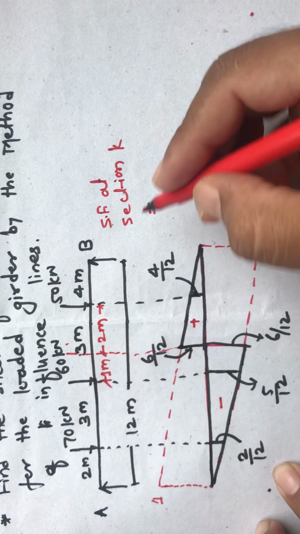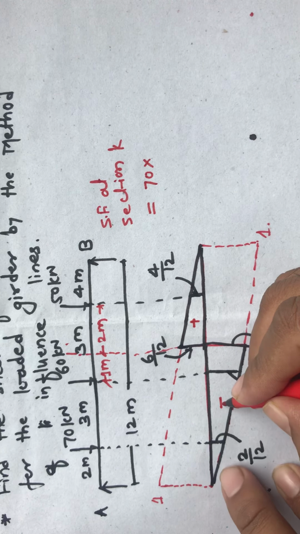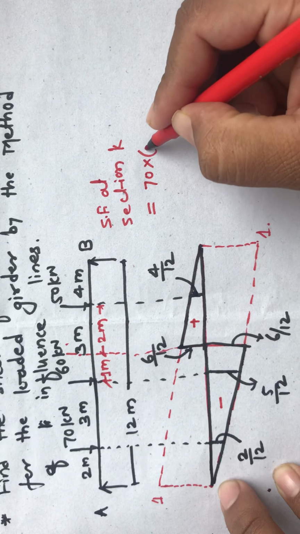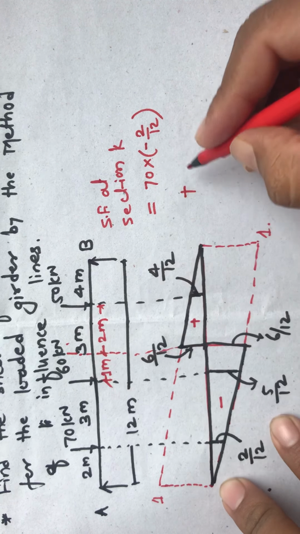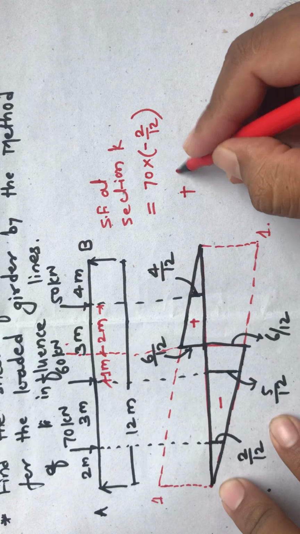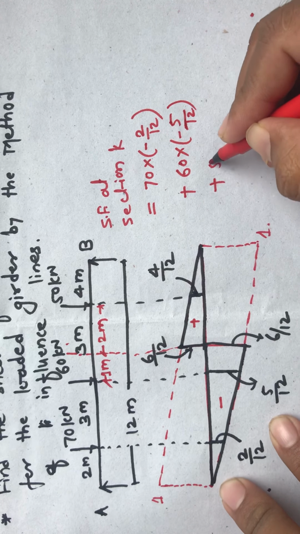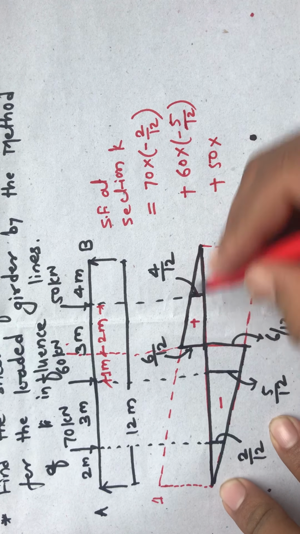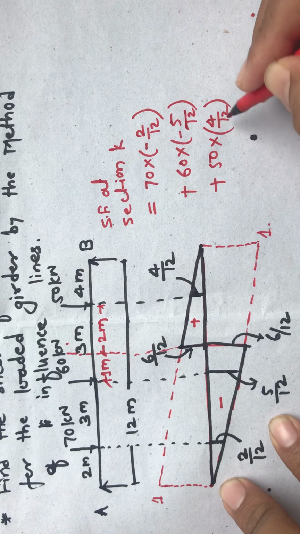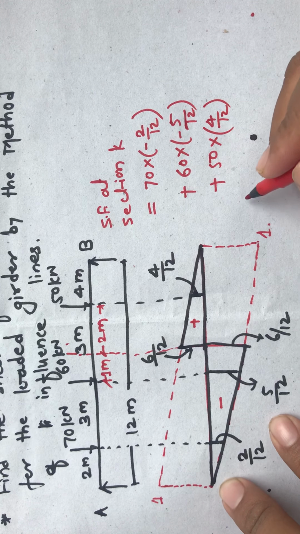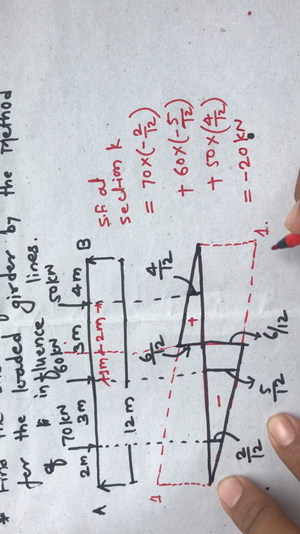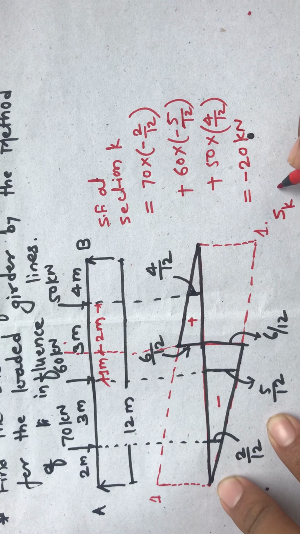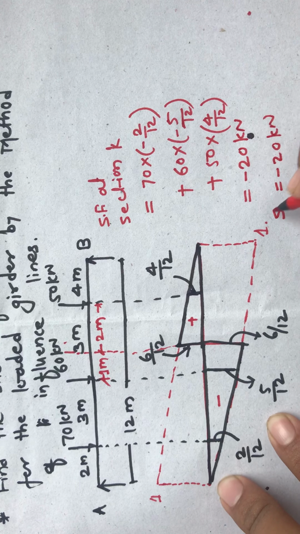So what is the load? 70 into ordinate. Now the ordinate is on the minus diagram, so minus 2 by 12, plus load 60 into ordinate minus 5 by 12, plus load 50 into ordinate 4 by 12. Now it is positive, 4 by 12. So what we have is minus 20 kilonewton. So the shear force at section K equals minus 20 kilonewton.